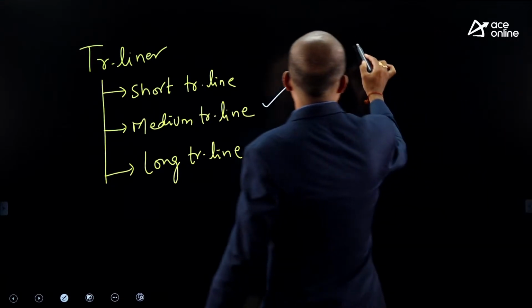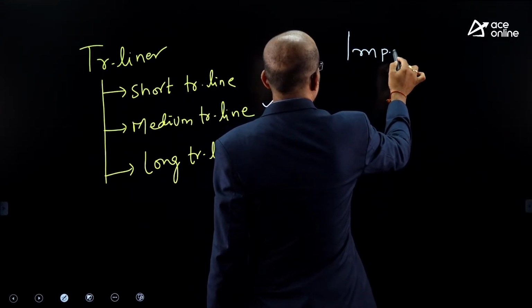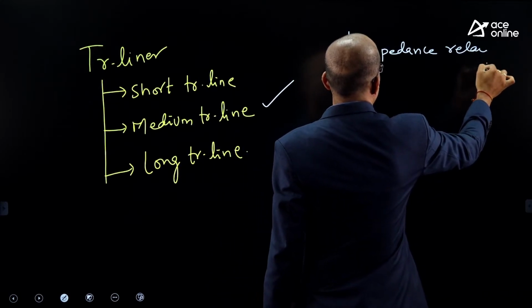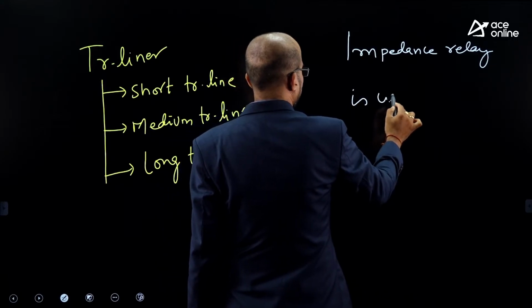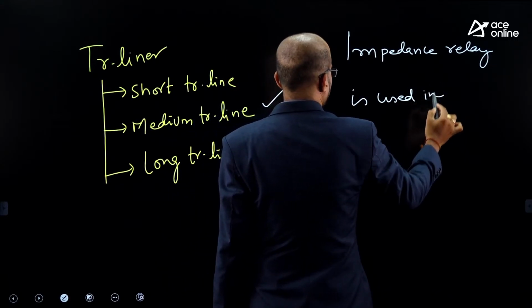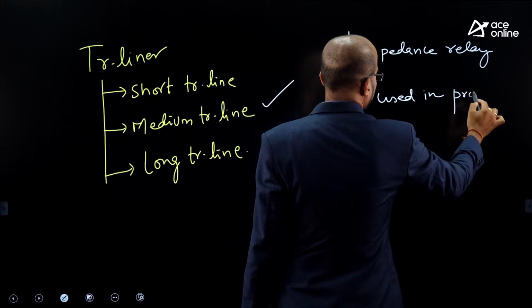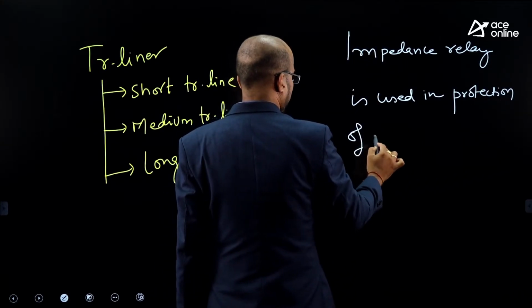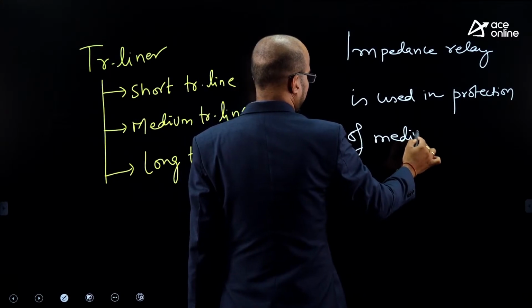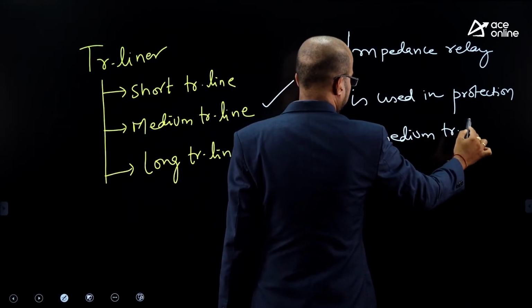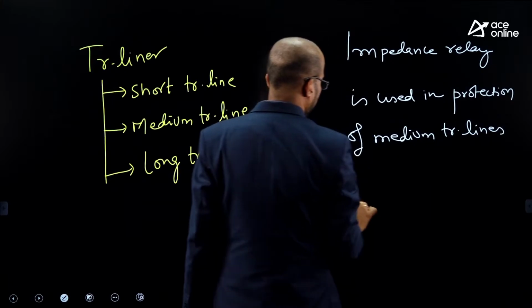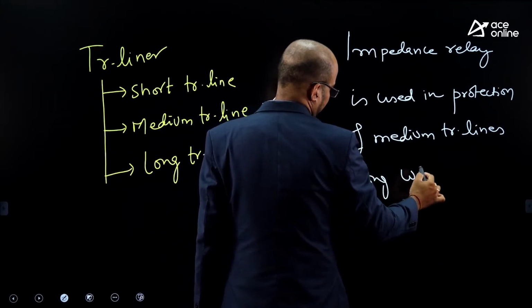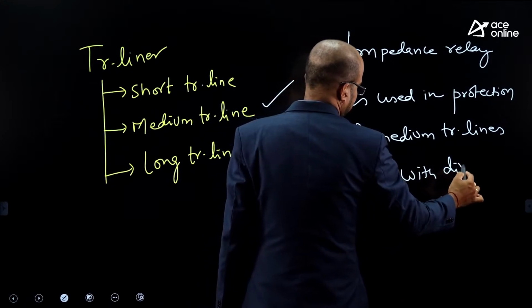Okay. So impedance relay is used in protection of medium transmission lines along with a directional element.